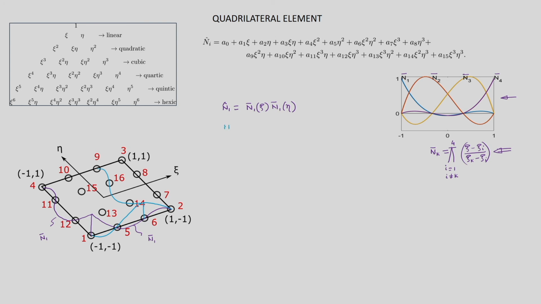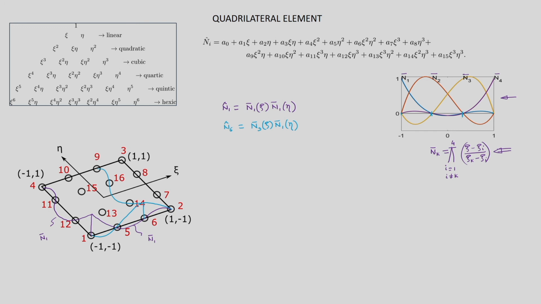If I write now n6, n6 will be the product of, this is the third node in this one dimensional case. So, this is n1, this is n2, n3 and n4. So, this is n3. So, we have to take n3 in xi into n1 in eta, alright.